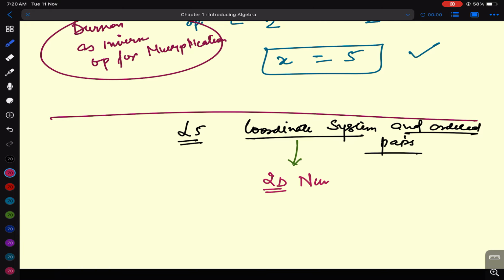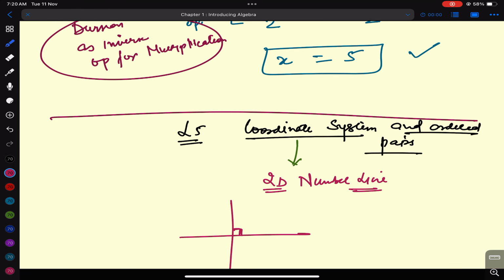Okay, so what is coordinate system? Coordinate system is a two-dimensional number line. When I say number line and two-dimensional, obviously there's going to be one in the horizontal and one in the vertical domain, correct?